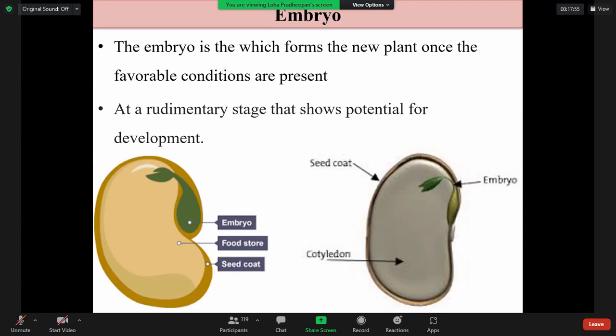If favorable conditions are available, the seed can give rise to a new plant. It can be in the rudimentary stage also.